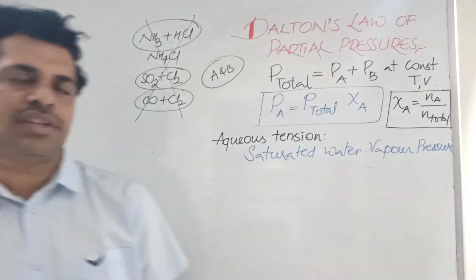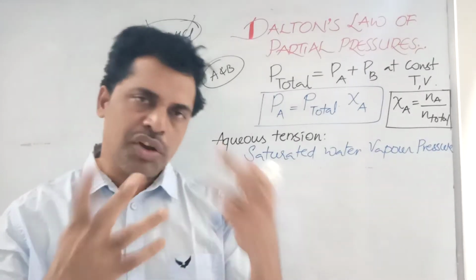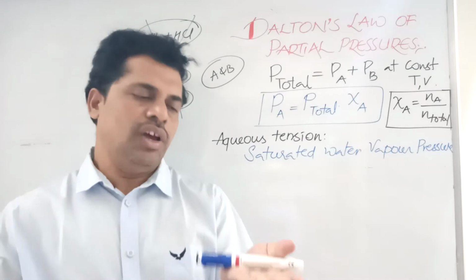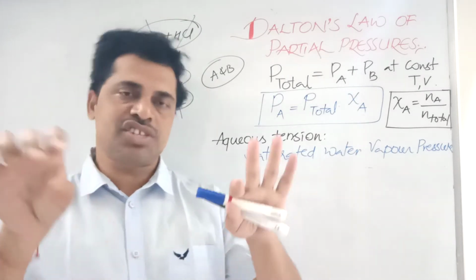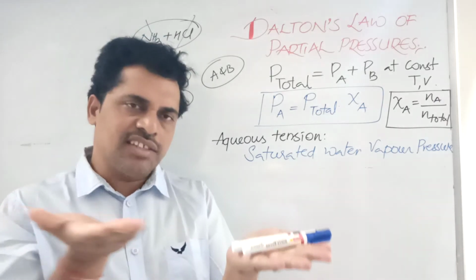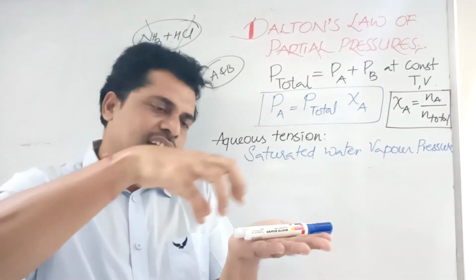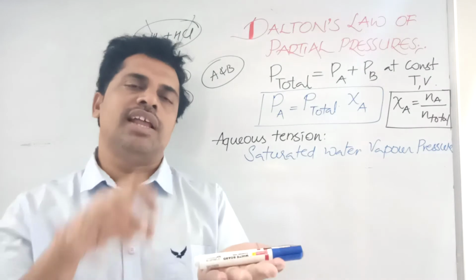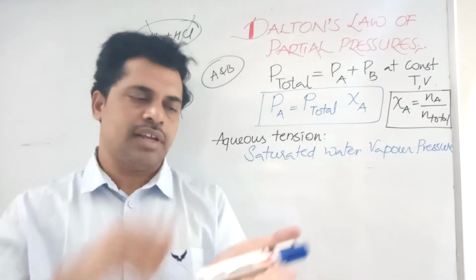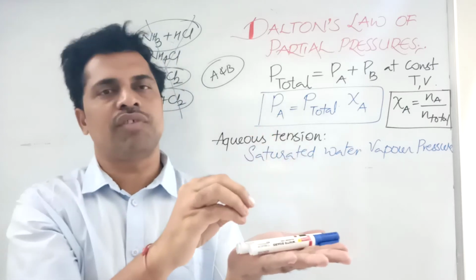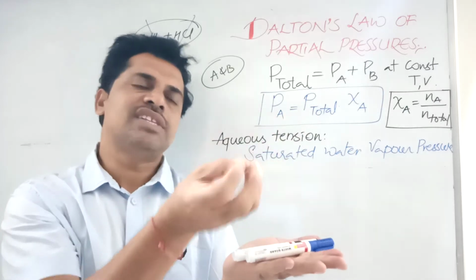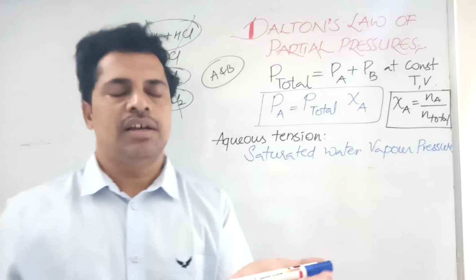What is the meaning of this? Generally in your numericals, in your problems, they will give you that a gas is collected over water. Generally gases are collected over water, and when you are collecting a gas over water, there will always be water vapor above the surface of the liquid water, and the water vapor creates some pressure on the surface of the water.